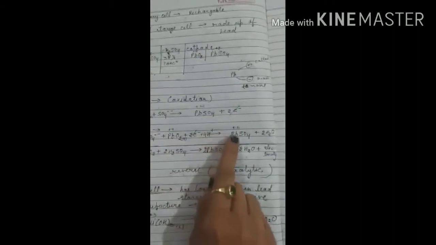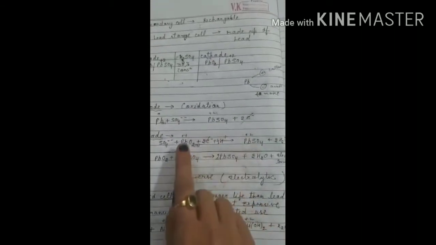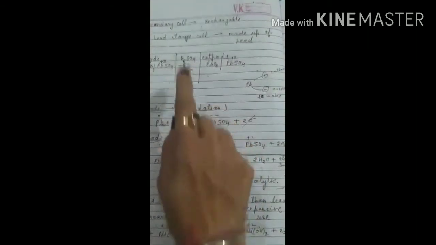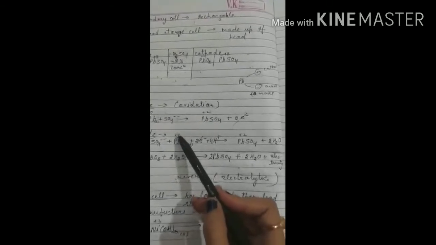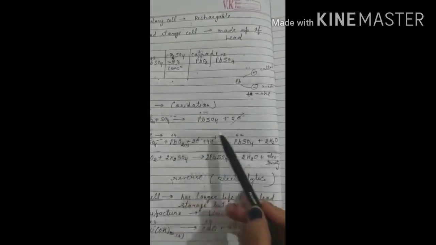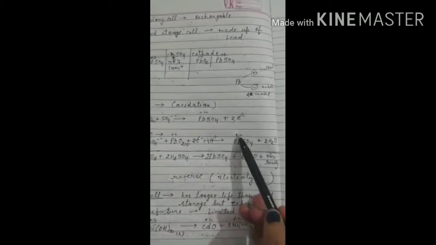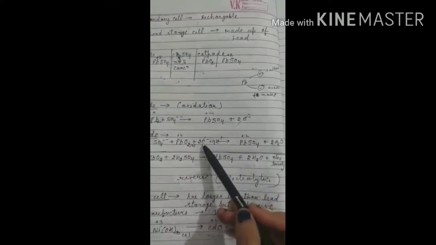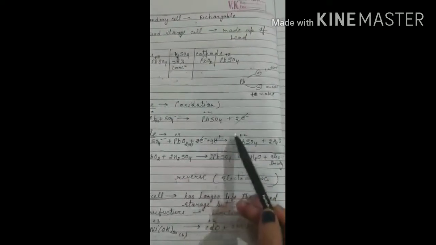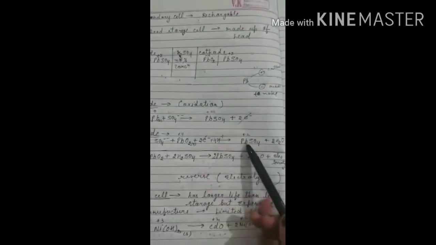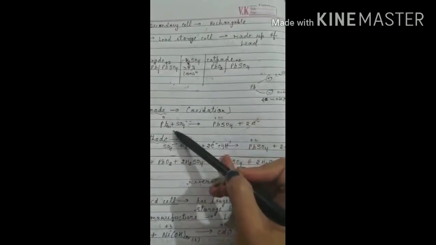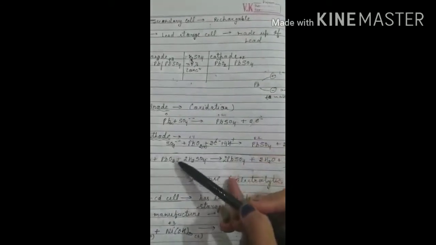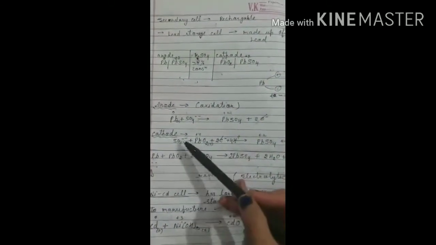Lead oxide is converting into lead sulfate. Again it is taking sulfate ion from the sulfuric acid. Here the oxidation state is +4 and here it is going to be +2. So how will it be balanced? By adding 2 electrons: +4 plus 2 electrons gives +2. Overall, SO4 is given in the anode term and SO4 in the cathode term also.